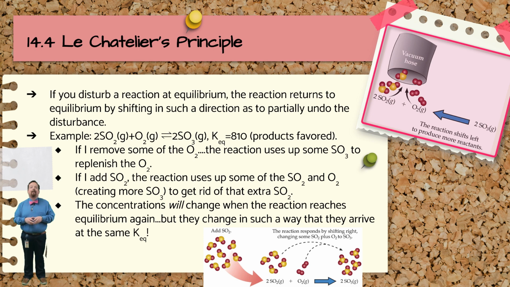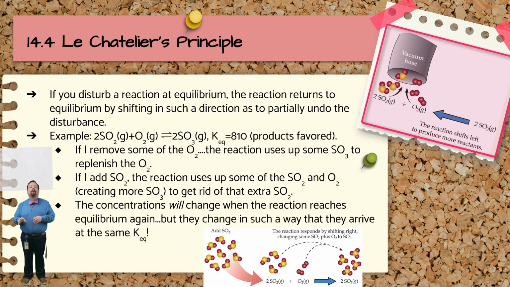For example, if you have a reaction of sulfur dioxide and oxygen producing sulfur trioxide with a product-favored KEQ of 810 at equilibrium, a good portion of reactants have turned into products, almost all of them actually. Perhaps you're able to remove some of the O2 reactant in this equation.